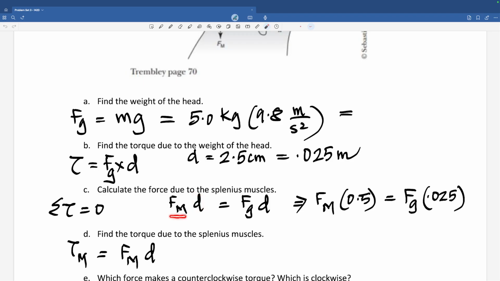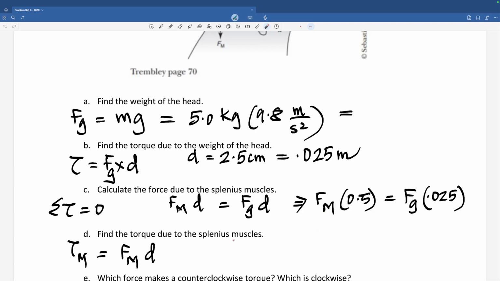So we can find it by setting these two equal, because we know the clockwise torque must be equal to the counterclockwise torque. So that's what I've done here. You know this is 49, right? And just by doing the math, you should be able to calculate this force. You would get it in newtons.